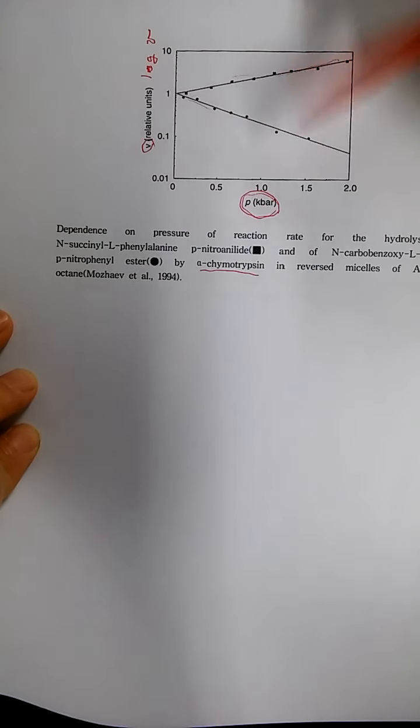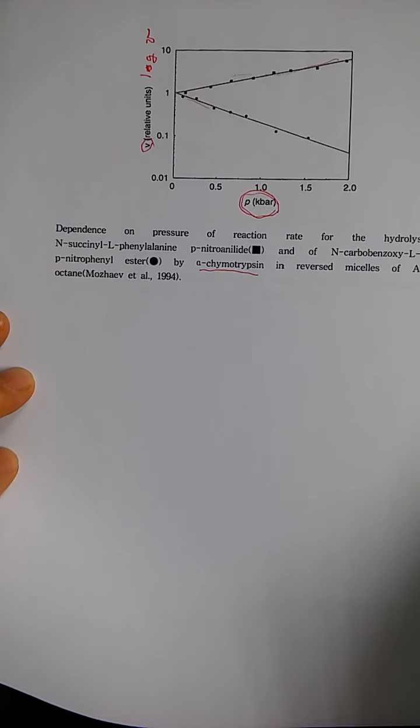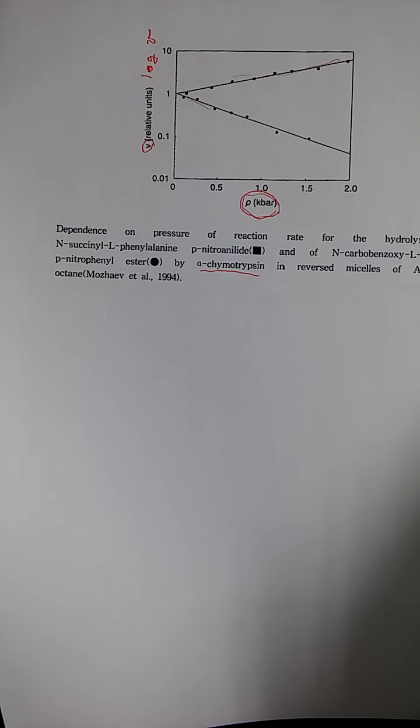So we can also see that delta V depends on the type of substrate.